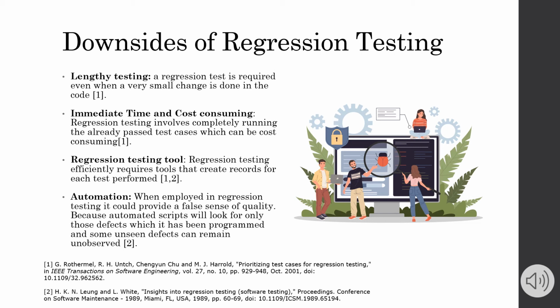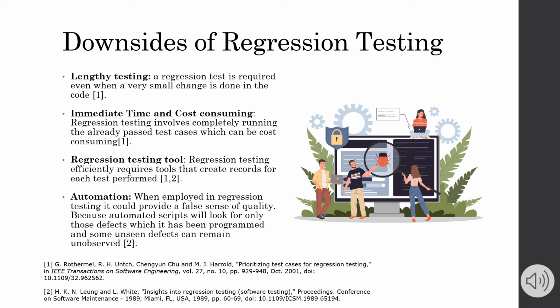And the third or final downside is automation. When employed in regression testing, it could provide a false sense of quality because software developers might code which error they're looking for, and by automating this process, the script can overlook or pass some of the defects that might actually be encountered by the final user.